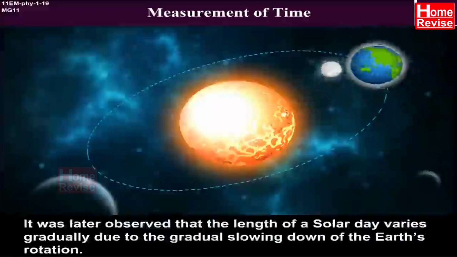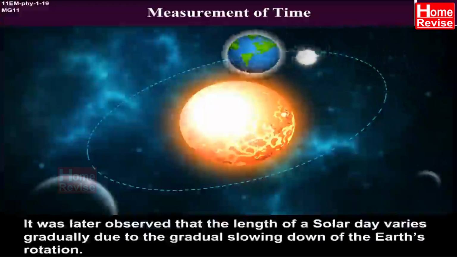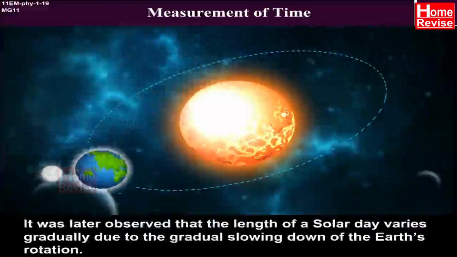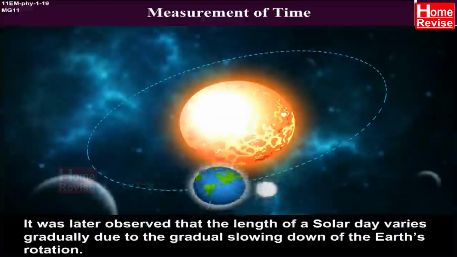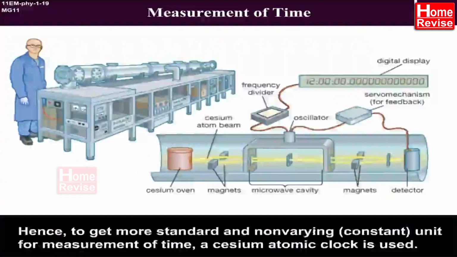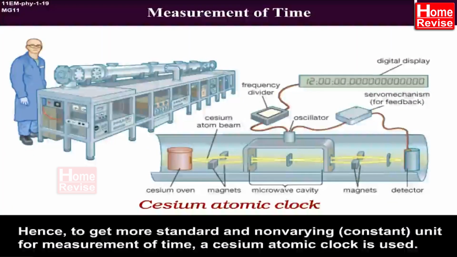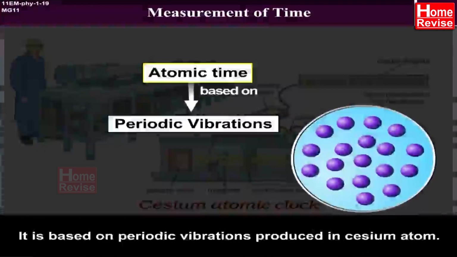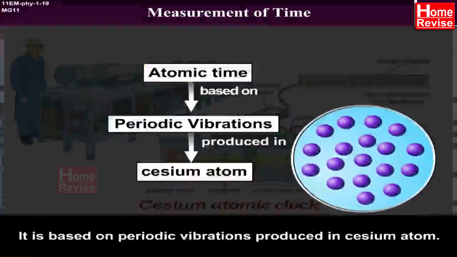It was later observed that the length of a solar day varies gradually due to the gradual slowing down of the Earth's rotation. Hence, to get more standard and non-varying constant unit for measurement of time, a cesium atomic clock is used. It is based on periodic vibrations produced in cesium atom.